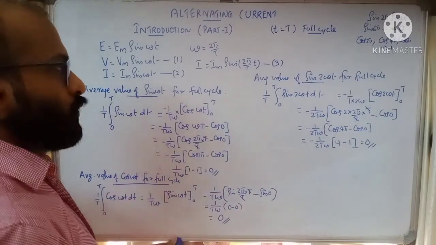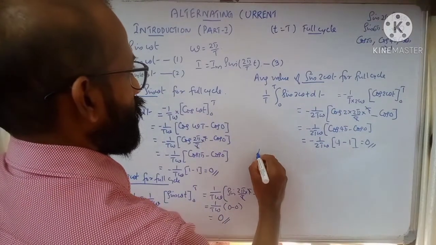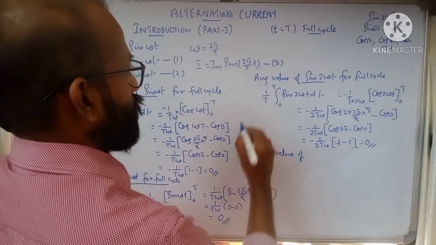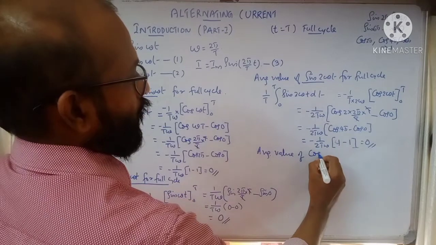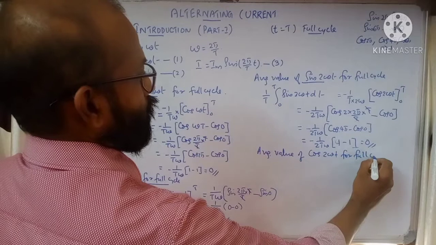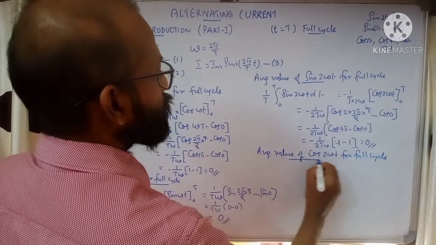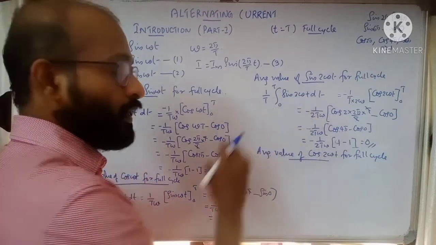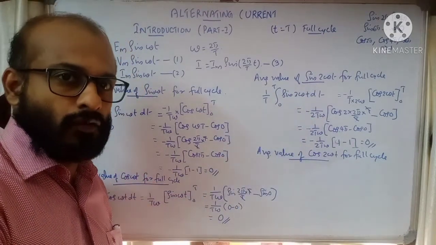Now we will see the average value of cos 2 omega t for a full cycle. We are seeing a few integrations as an introduction for alternating current. We need these integral values to find the average value of alternating current.